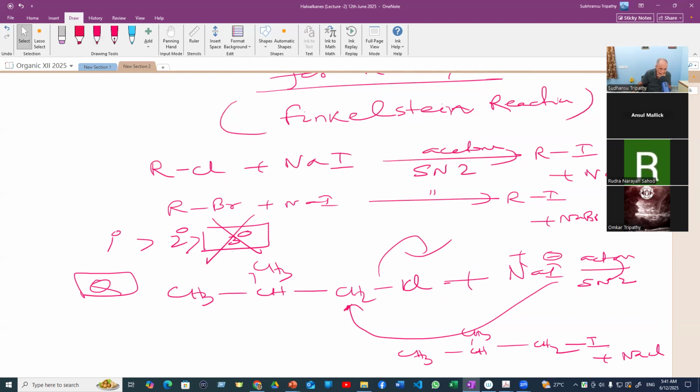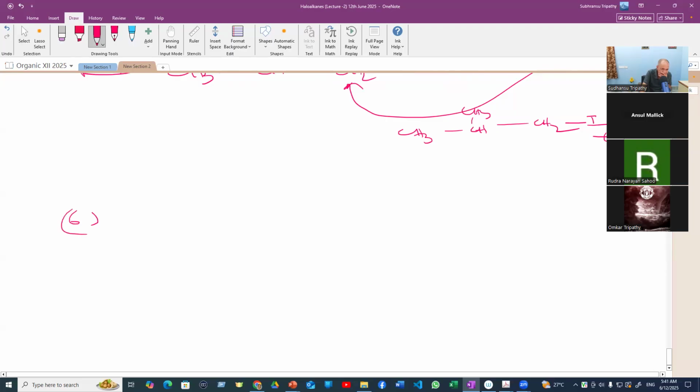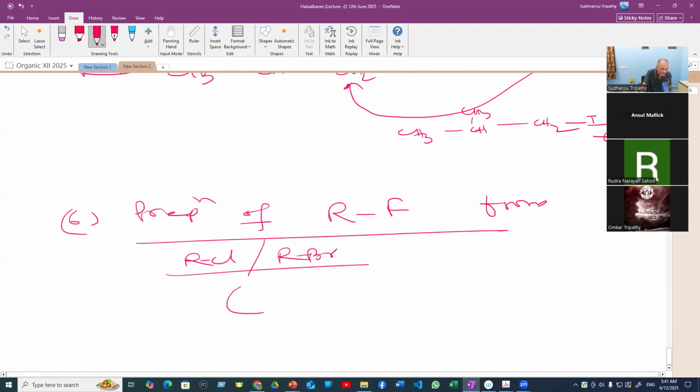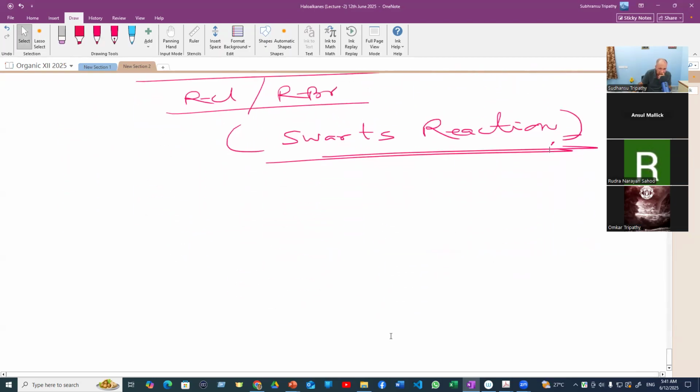And for the preparation of alkyl fluoride from alkyl chloride and bromide, this is famously called the Swarts reaction.